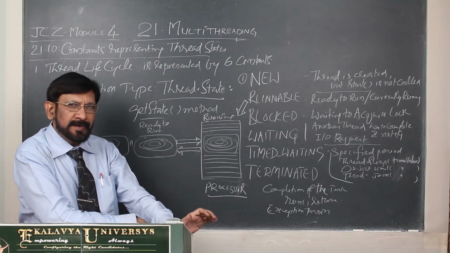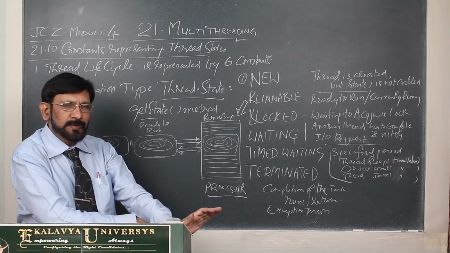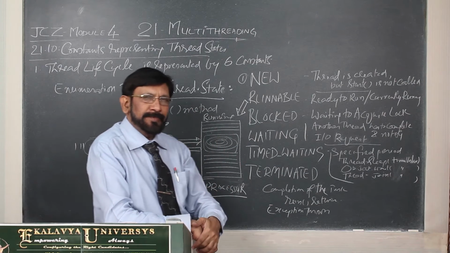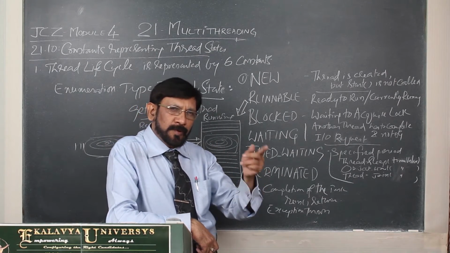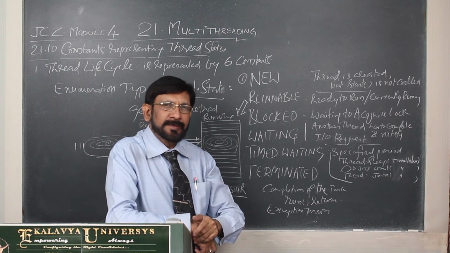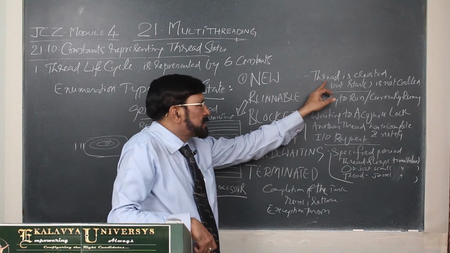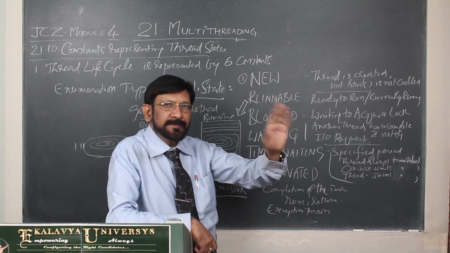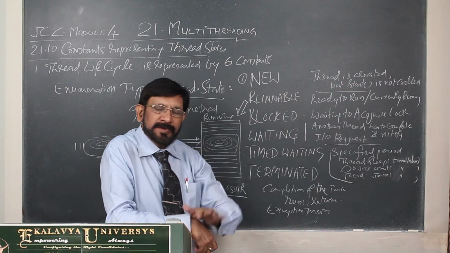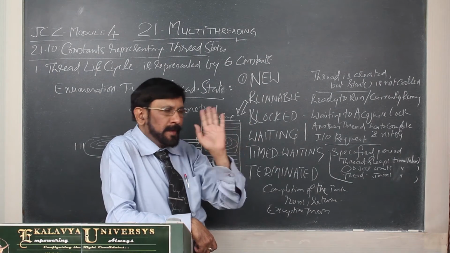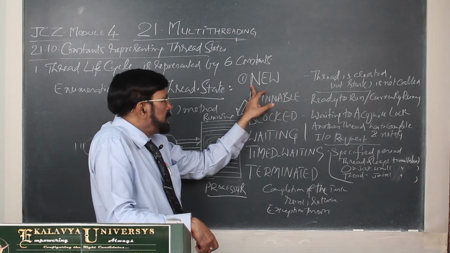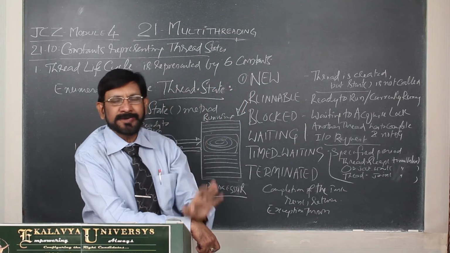Once the thread object is instantiated, thereafter we have to call the start method via that thread object. So the thread which is created but before the start method is called is in the newly born state. That state is represented by the NEW constant.